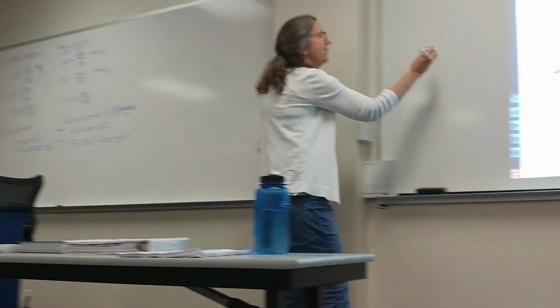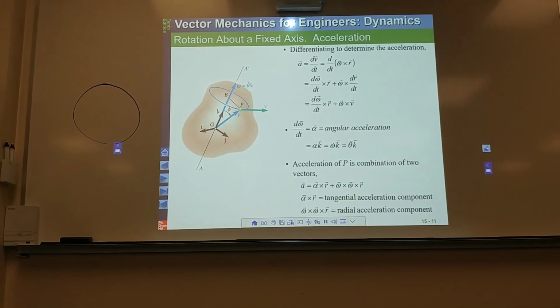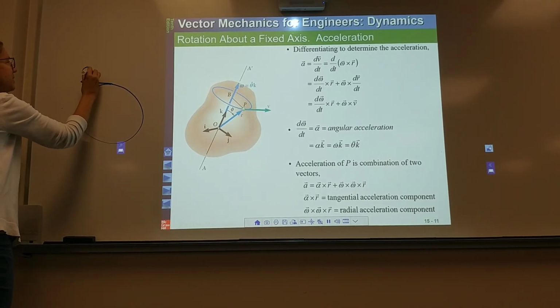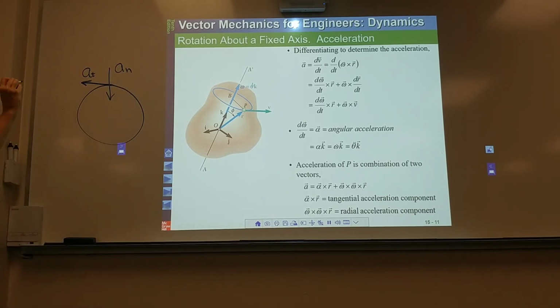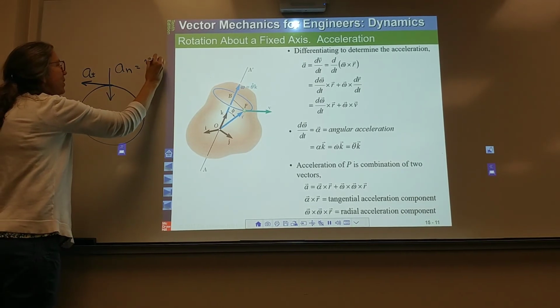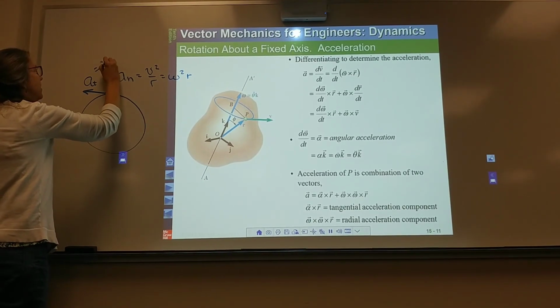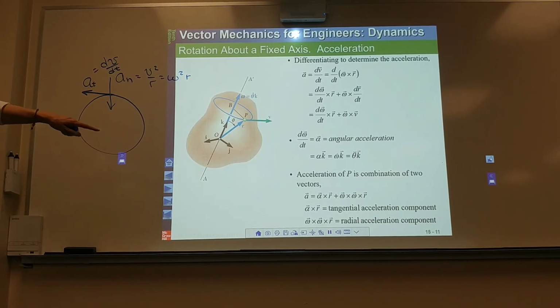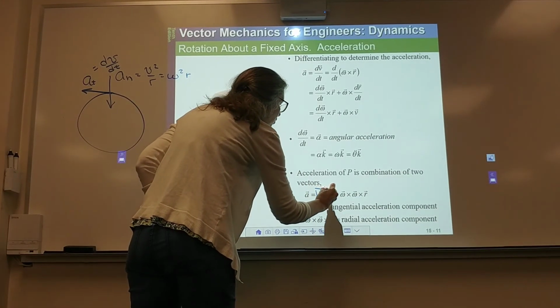So when you have something that's moving in a circular motion, I think we covered this in chapter 11, we have two types of acceleration, A sub t and A sub n. Okay? The v squared over r, or omega squared times r, and this is just dv dt. Okay? So you notice down here, in this acceleration, we have two terms.